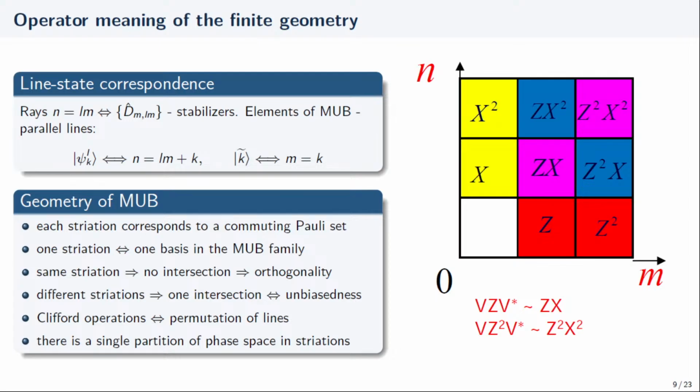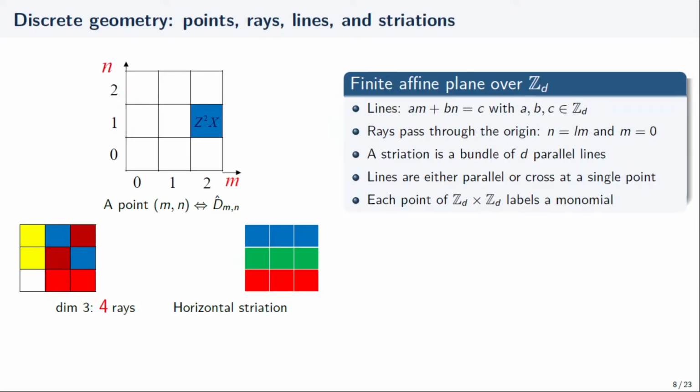So in total, we have D plus 1 rays, and each ray has D minus 1 parallel lines, so in total I have D parallel lines in each iteration.